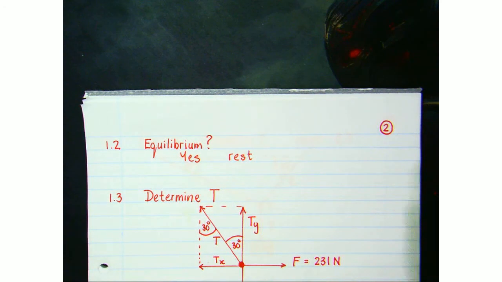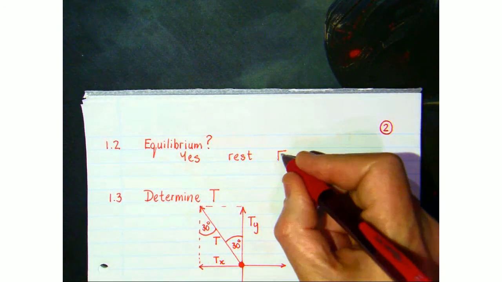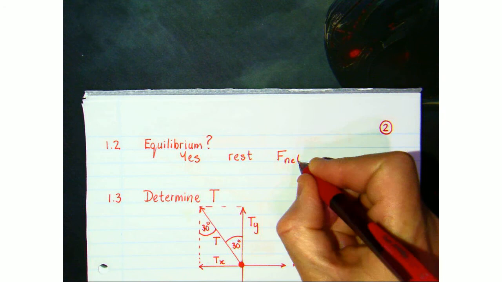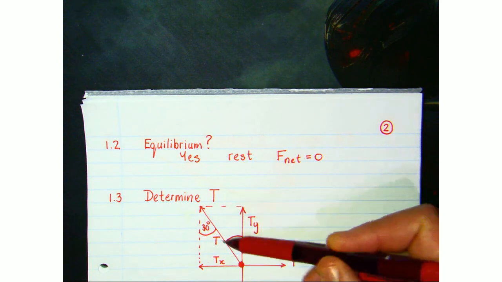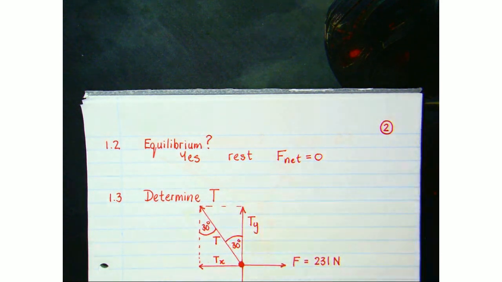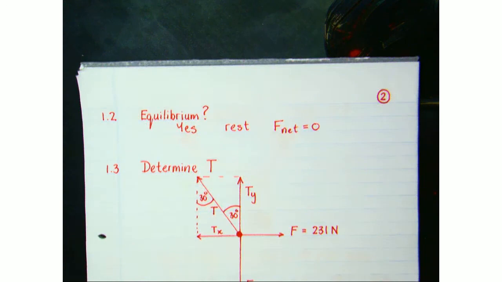And if that's the case, then the net force acting on it is 0, which means that the forces are in equilibrium. The third part asks you to find the tension in that string, and we're going to use the components method.